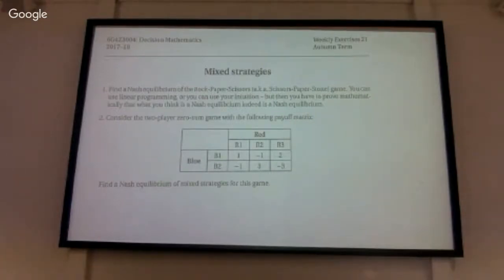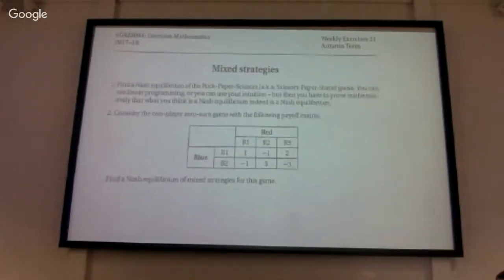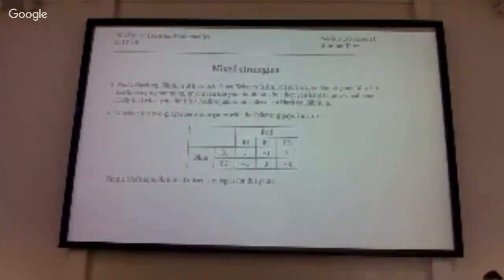Just very briefly, has anybody got a solution to this homework question? The first question asks you to find a Nash equilibrium for the rock, paper, scissors game.